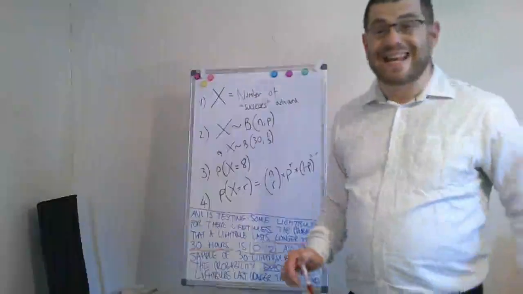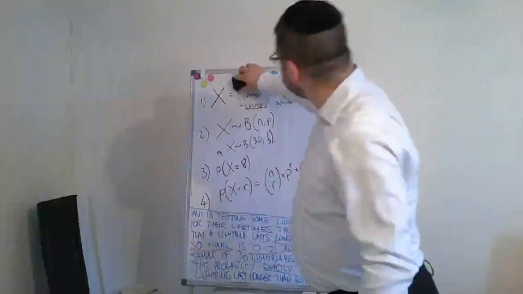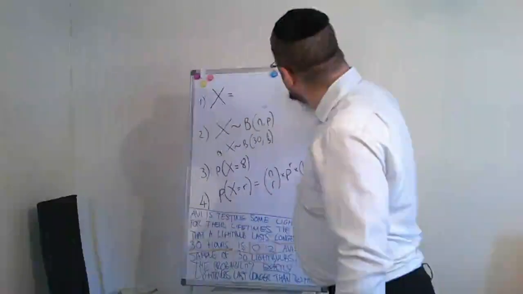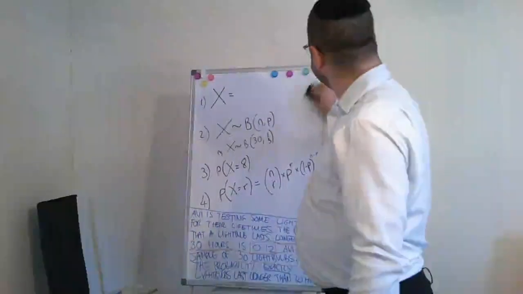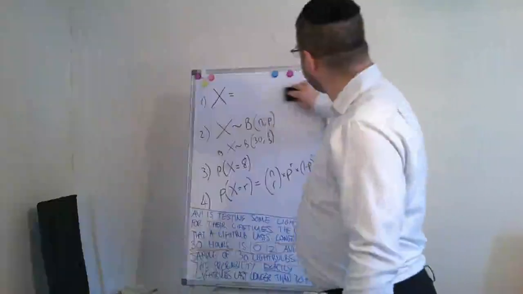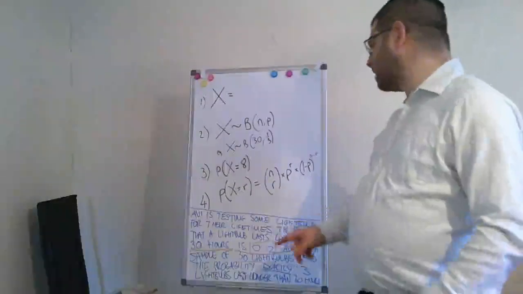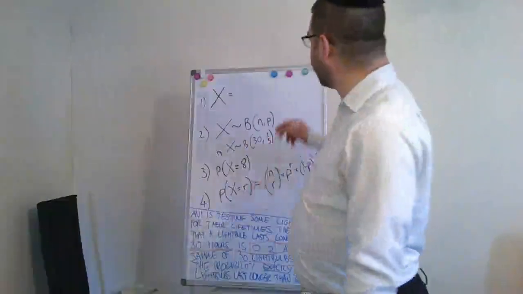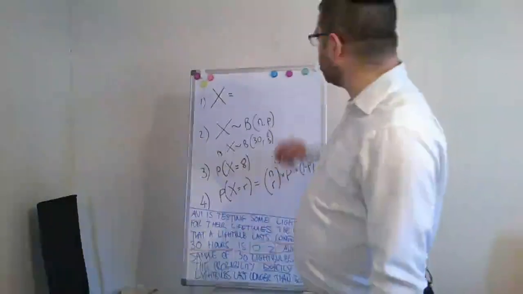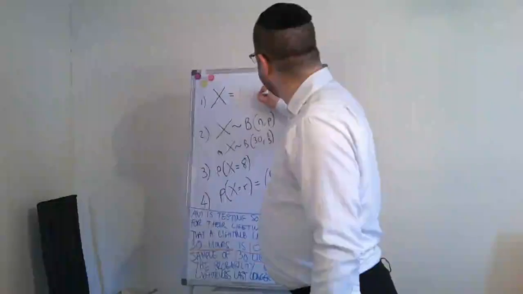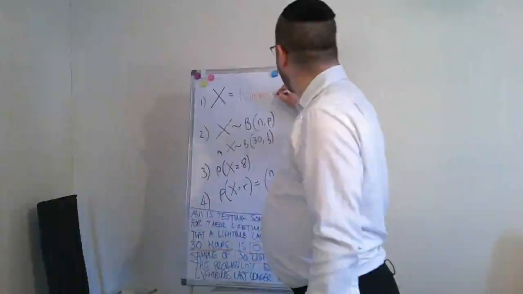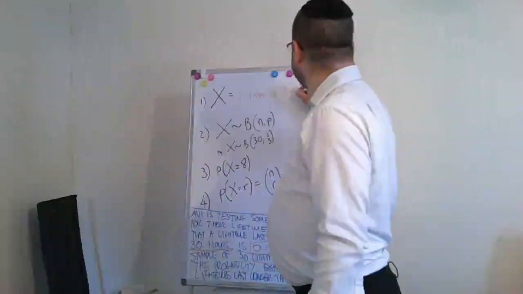So for this particular example, x represents the number of successes achieved. Okay, so again, what's a success here? It's lasting longer than 30 hours. So here we have x is equal to the number of light bulbs.